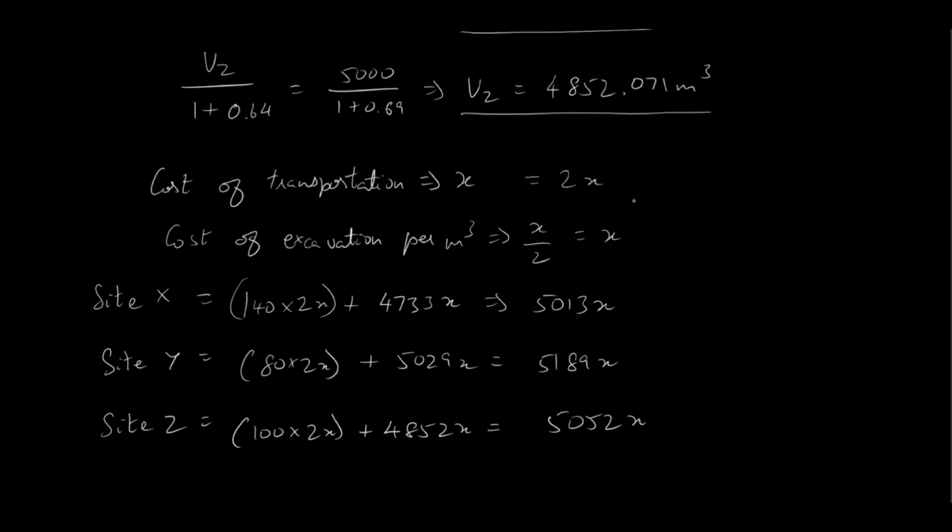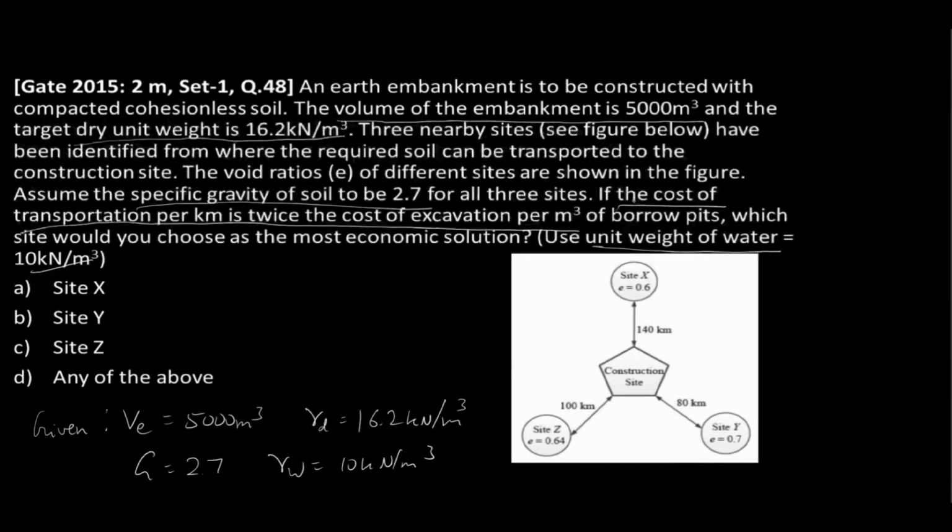So in the above three, 5013x is the least. Therefore, site X is the most economical. The answer will be A.